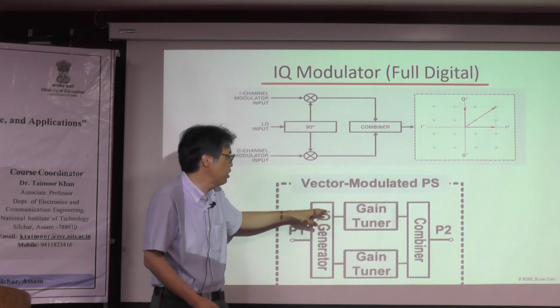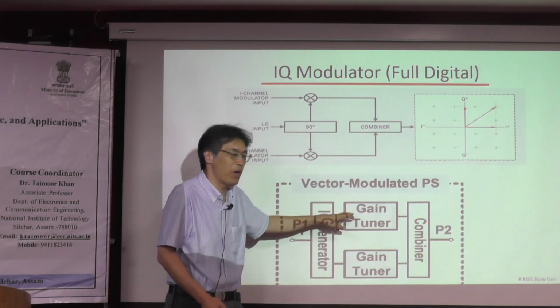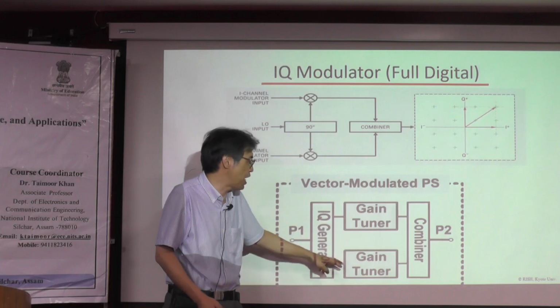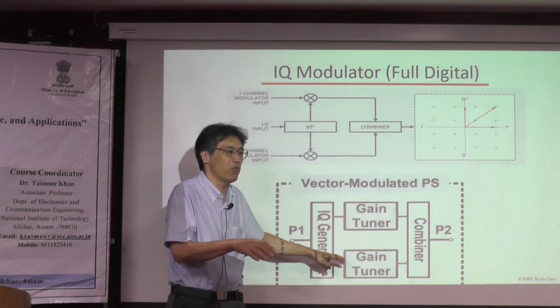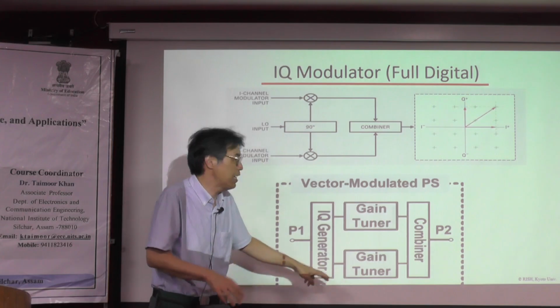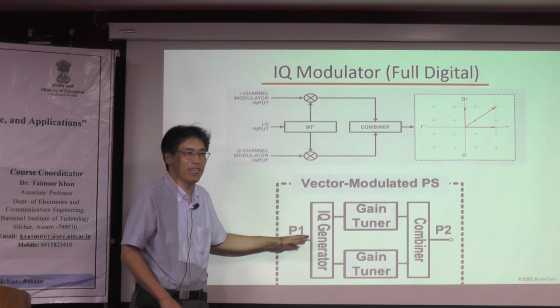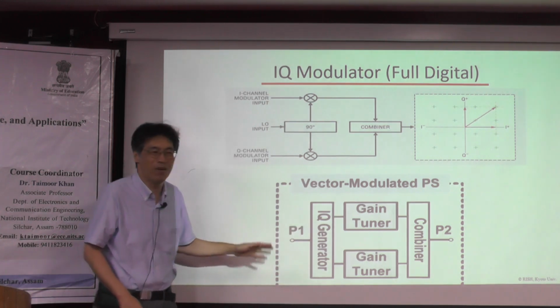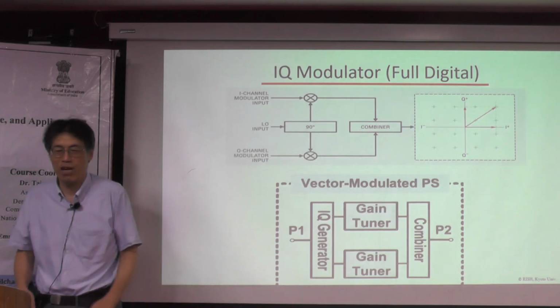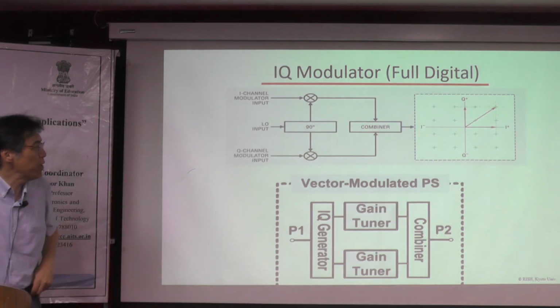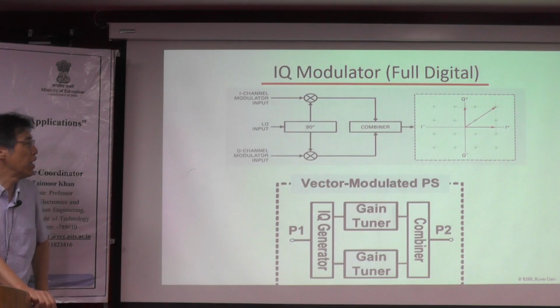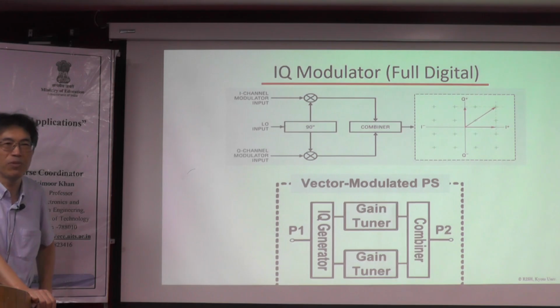For example, this line keeps at 0.5, but this line keeps at 0. This line decreases the amplitude to 0.3 or 0.2, for example. As a result, we can control the phase. So efficiency is very, very poor, unfortunately. So sometimes in IoT startup companies, they adopt this digital beam former because the cost is very, very cheap. But from the viewpoint of efficiency, I don't like it.